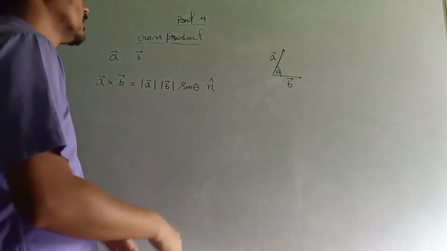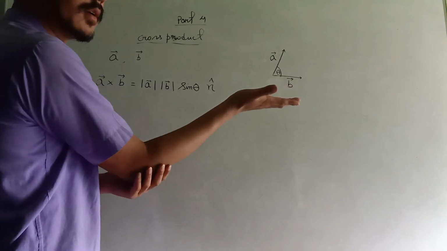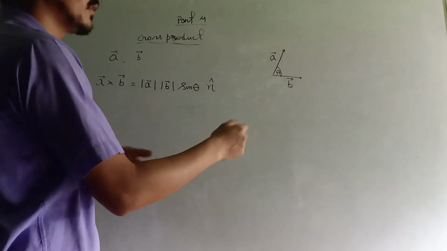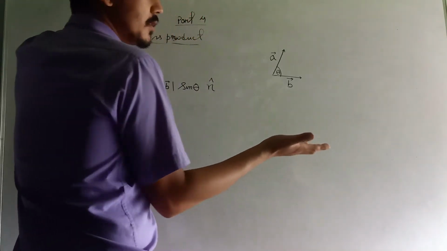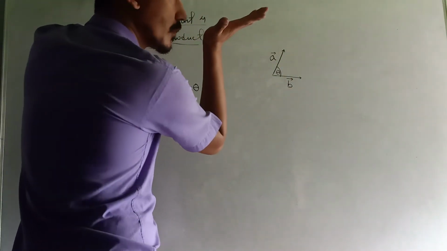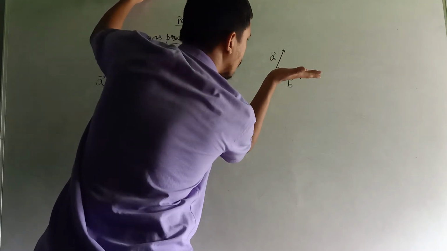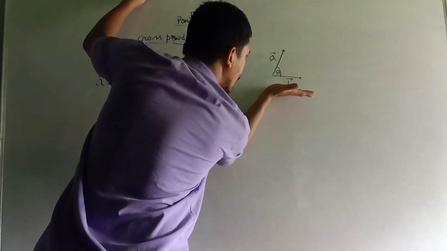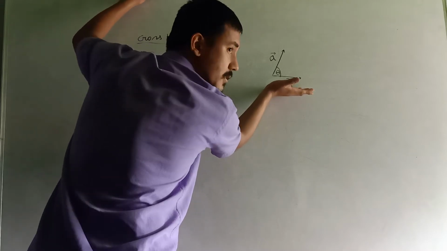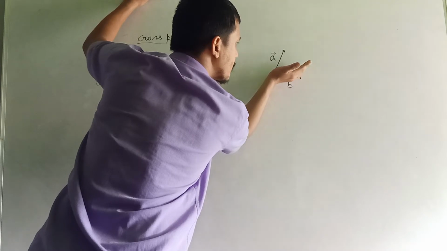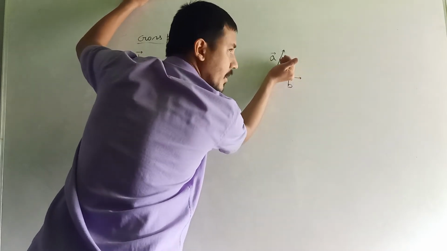We will see using our right hand thumb rule. So what I'm going to do is, you place the palm of your right hand in the plane which contains vector B, and then you curl your forefingers towards the other vector.